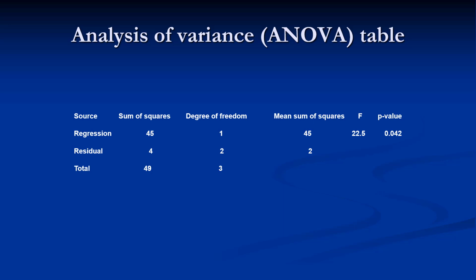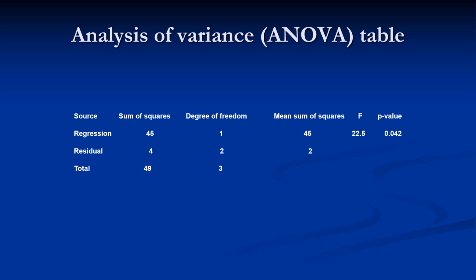The F-test is based on ANOVA. It is an alternative way to test the null hypothesis that beta is equal to 0. It is equivalent to the t-test on the slope b. The F-test and t-test both test the null hypothesis that x has no relationship with y. The value of F is referred to the F distribution with 1 and n minus 2 degrees of freedom to obtain the corresponding p-value, where p is equal to 0.042.